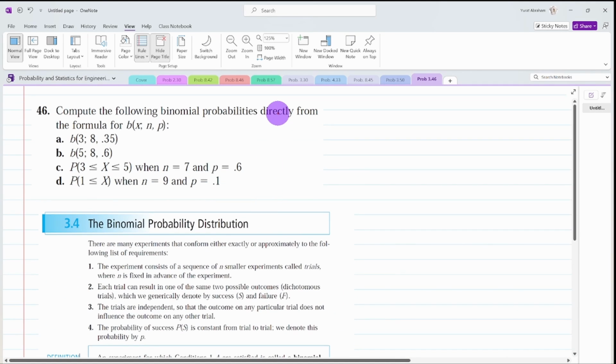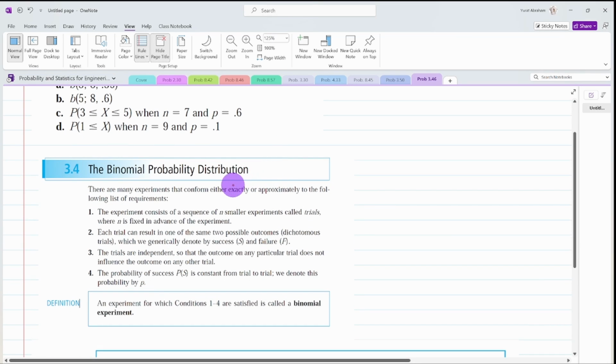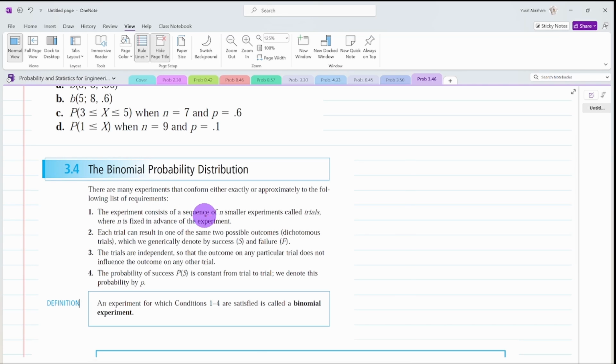Now, one thing to keep in mind is that the binomial probability distribution is used for an experiment that: 1. Consists of a sequence of n smaller experiments called trials, where n is fixed in advance of the experiment. 2. Each trial can result in one of the same two possible outcomes, either success or failure. 3. The trials are independent. And 4.